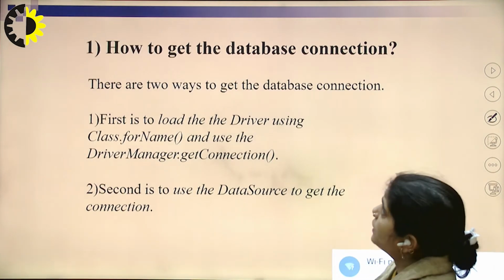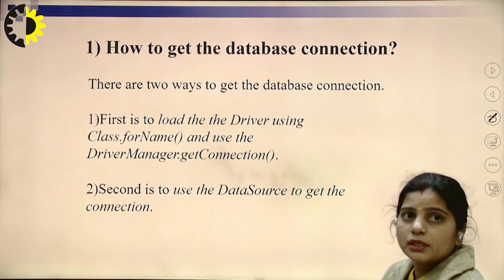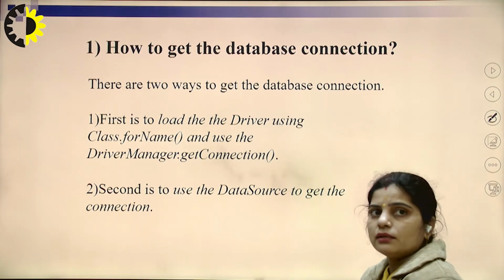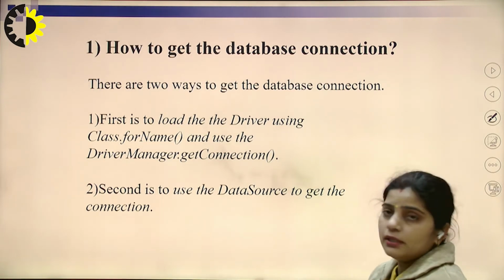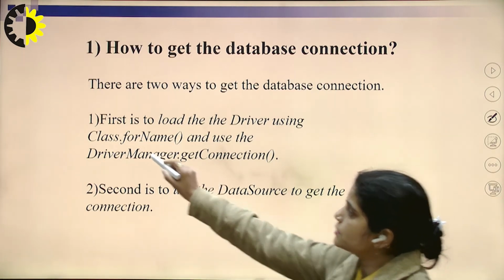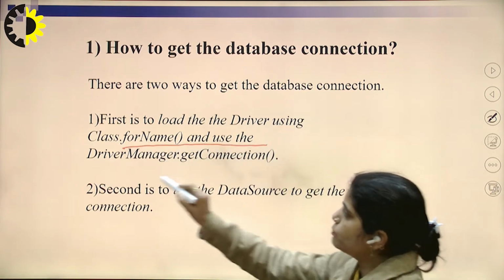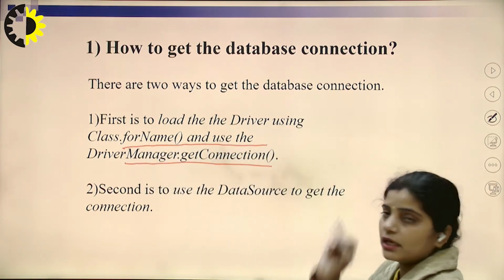Now how to get the database connection? First of all, there are 2 ways through which we can get our database connected. First one is to load the driver using Class.forName and use the DriverManager.getConnection method.